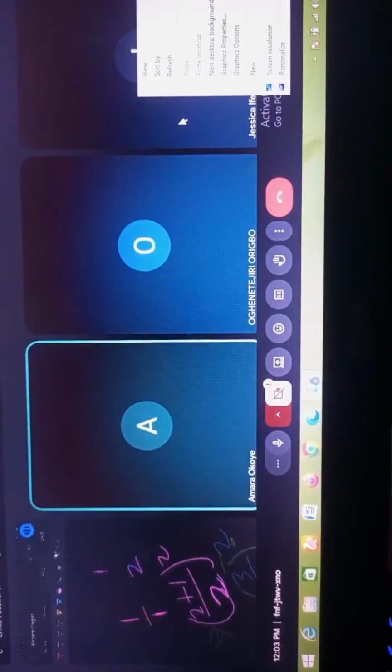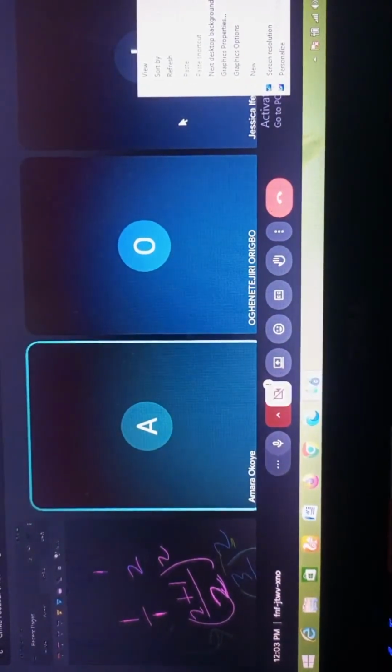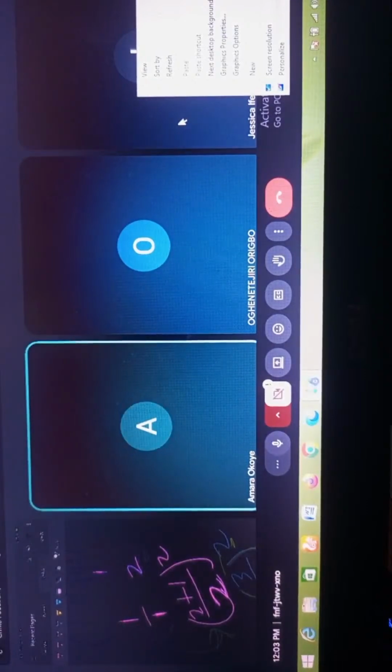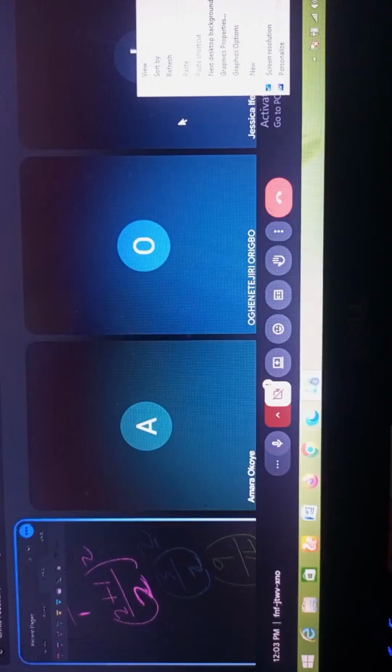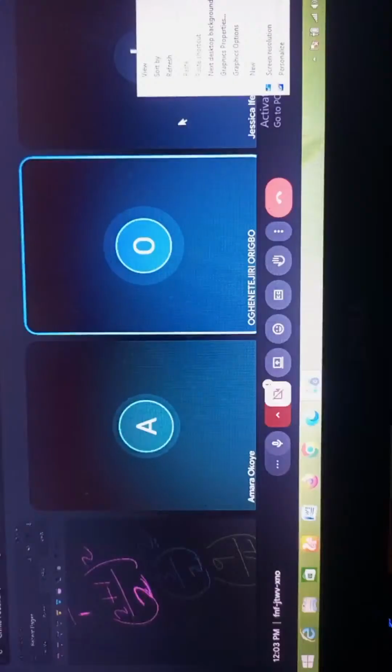After multiplying, you don't need to be in brackets again.